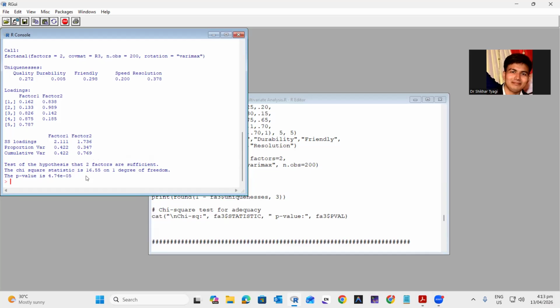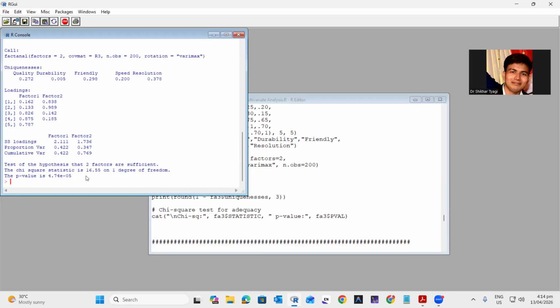So the interpretation of these results is that the two factors model is not a perfect fit, even though it explains a large amount of the variance. So two factors are not enough here. The variance explained is high, but the model fit suggests that more factors or a different model may fit better.